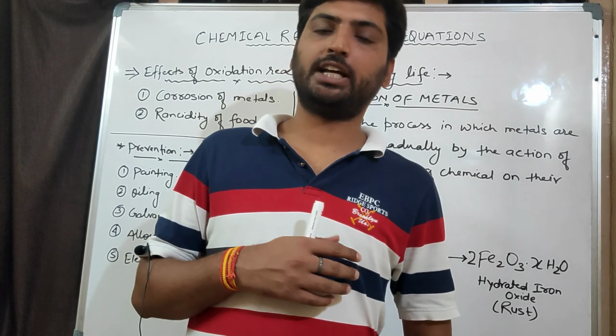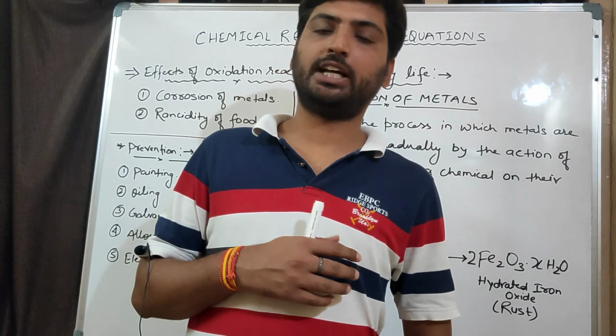Now, corrosion of metal. We have seen a phenomenon in which the color of metal changes. Like the color of iron changes to brown, the color of copper changes to green, and the color of silver changes to black after some time. Why does this happen? This is an example of corrosion of metals. The upper surface of the metals is eaten up by the action of air, moisture or a chemical.